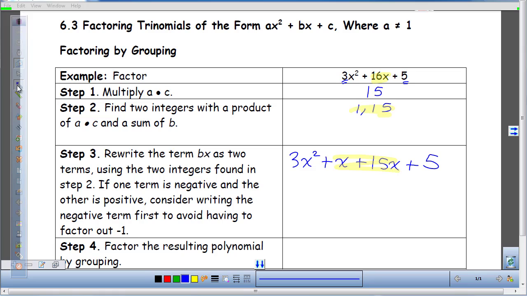So we group the first two, group the second two. We can factor out x. We're left with 3x plus 1. And then here we can factor out 5. We're left with 3x plus 1.